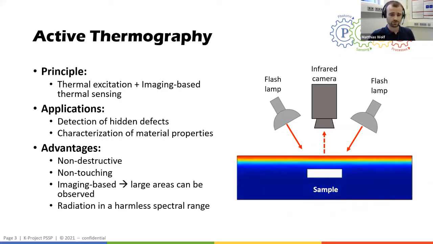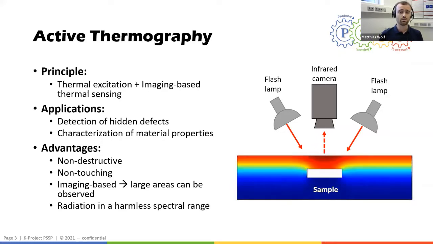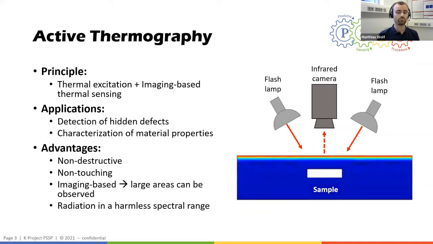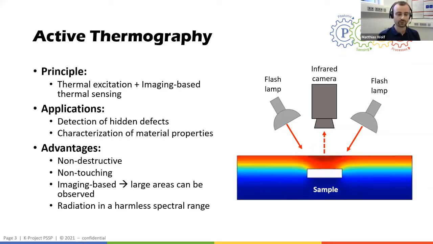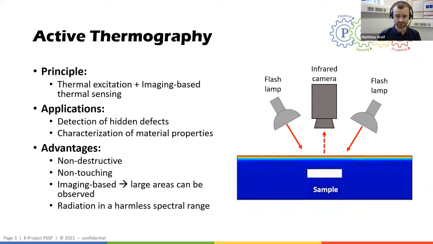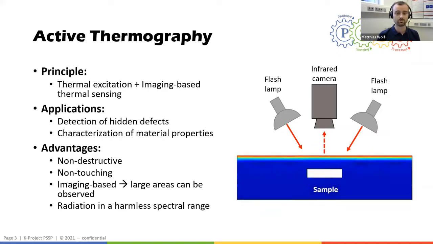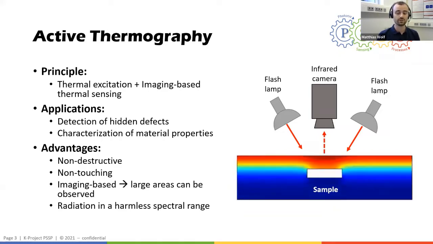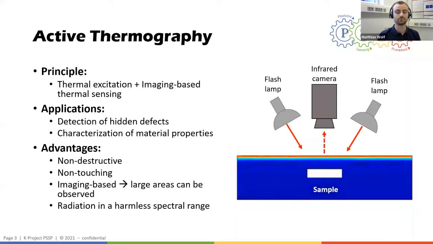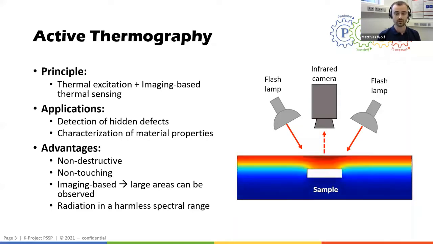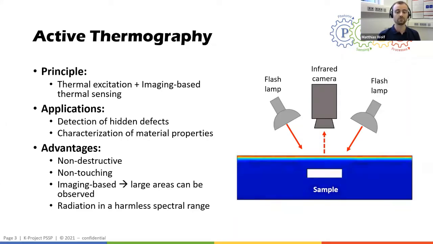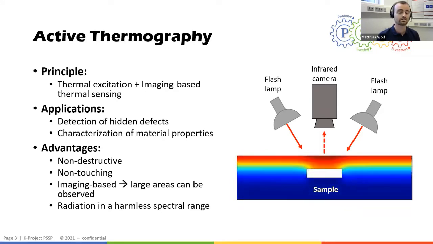This principle uses an optical-based thermal excitation method, or to be more precise, 2 flash lamps. By externally increasing the surface temperature of the sample, the temperature gradient inside the material causes a heat diffusion process. This might be affected by hidden interfaces inside the material, such as defects, and that characteristic can be observed using an infrared camera.